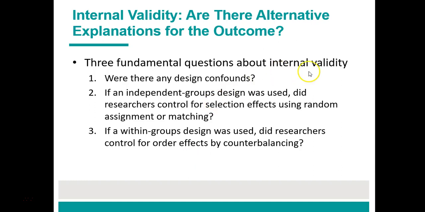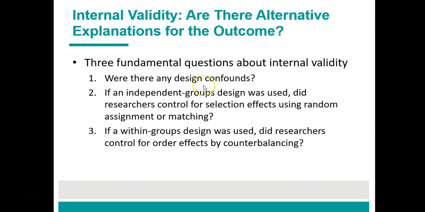And internal validity, you're going to be reading the study and looking, were there any design confounds? Was random assignment used? Was there counterbalancing? Are there any questions about the conclusion they draw about cause and effect? Or do you feel pretty comfortable with their causal claim?